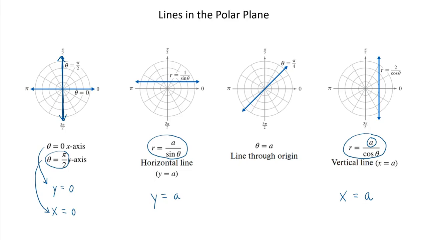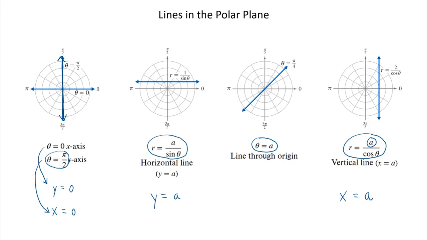And then the last equation we want to talk about is theta equals a. So theta is equal to some angle measurement, like pi over 4, pi over 3, or 5 pi over 6. Anytime we have an equation theta equals an angle measure, or theta equals a, that will always be a line going through the origin or the pole.